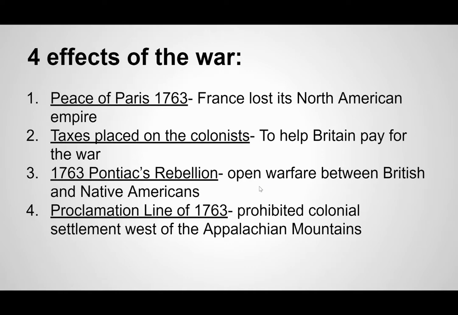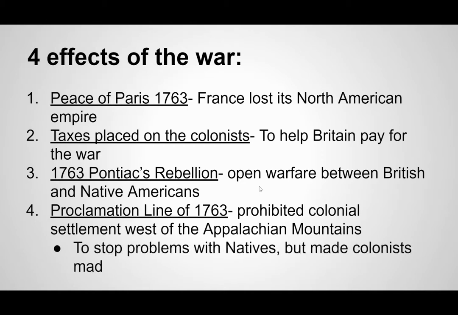So Britain basically tells the colonists, you can't move west because if you do, you're going to be killed by Native Americans. So the main point of the Proclamation Line was to stop the problems with the Native Americans, but it made the colonists mad. So think about it like this.